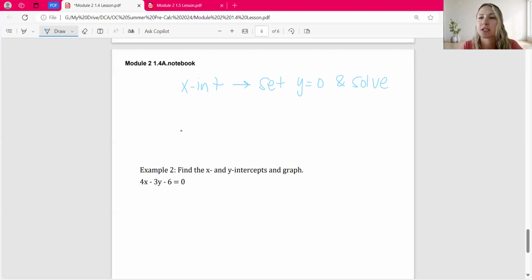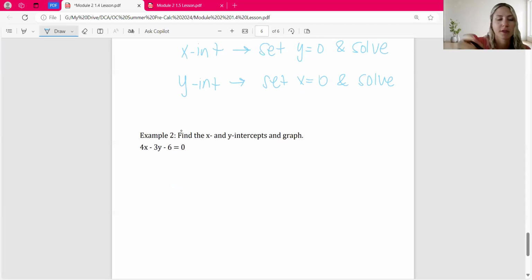Think about every x-intercept, y is 0, so that's allowing us to solve for the x value. And then it's the reverse for y-intercept. Set x equal to 0 and solve. Again, every y-intercept, x is 0, so then we can solve for the y value. And so we can do that for this problem here.